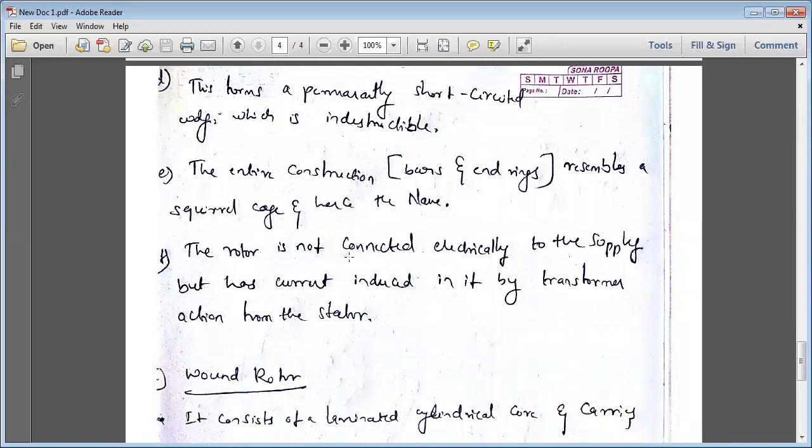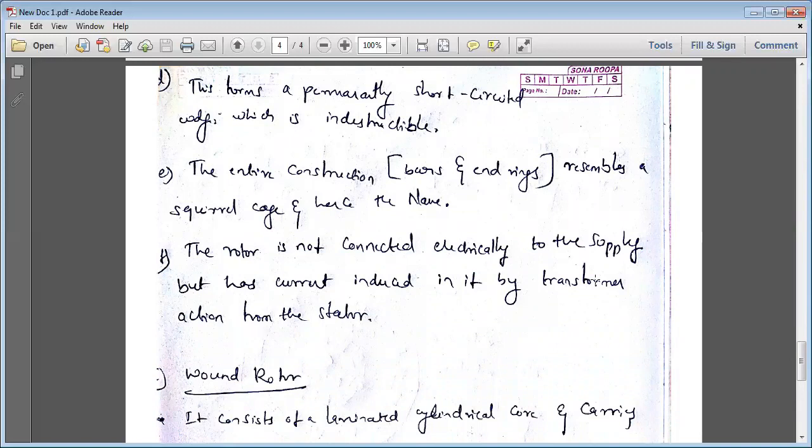The rotor is not connected electrically to the supply. The stator is connected to the electrical supply, but the rotor is not connected to any electrical supply directly. It has current induced in it by transformer action from the stator. What does transformer action mean?